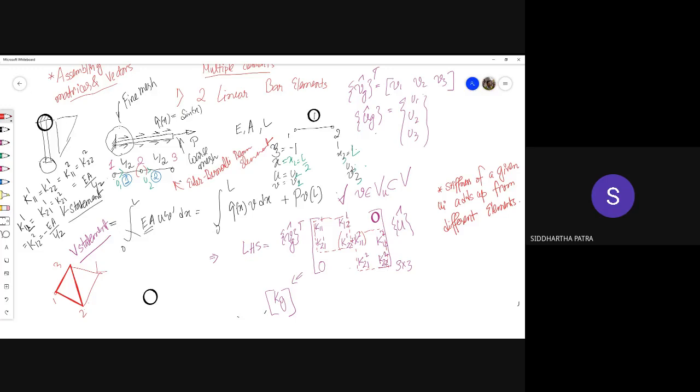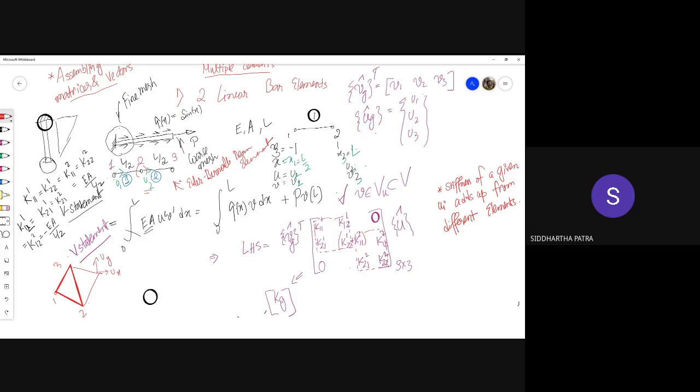So each node has ux and uy. There you would see that the addition happens not only on the diagonal terms but also on the off diagonal terms. Since in this case only 1 degree of freedom is being shared, not just one node but only 1 degree of freedom is being shared with two elements, that's why the addition happens only at a single diagonal term.